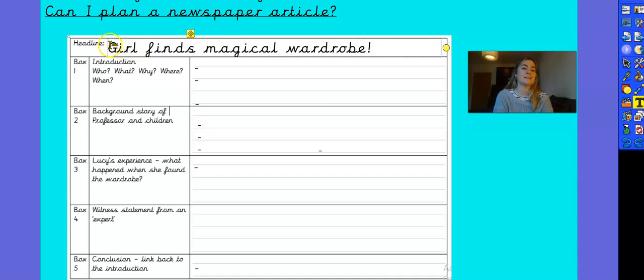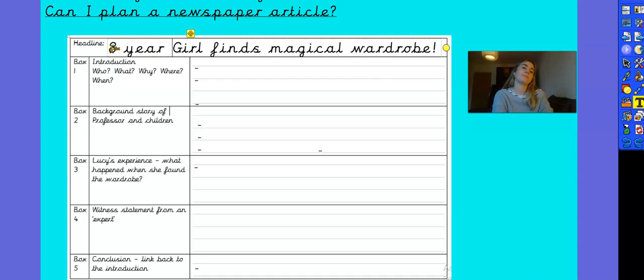So let's see if we can edit this. Could actually put how old the girl is. I'm not going to say Lucy finds magical wardrobe, because who's Lucy? As far as this person knows, they don't have any idea of a Lucy, or they might think it's a Lucy they know, so we're just going to say girl for now, okay?